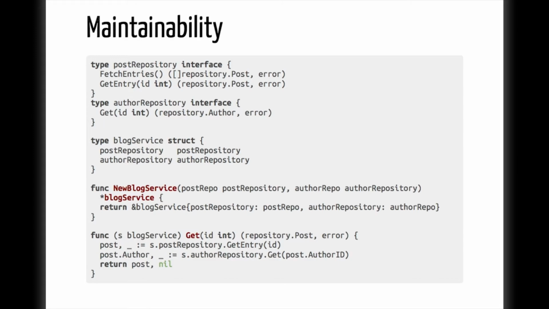And now the blog service, of course the repository itself is passed to the blog service by constructor, and the blog service uses this author repository. It's an easy example, but it simplifies work in a larger application.